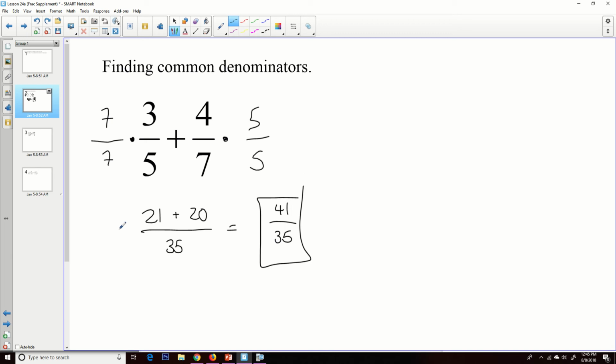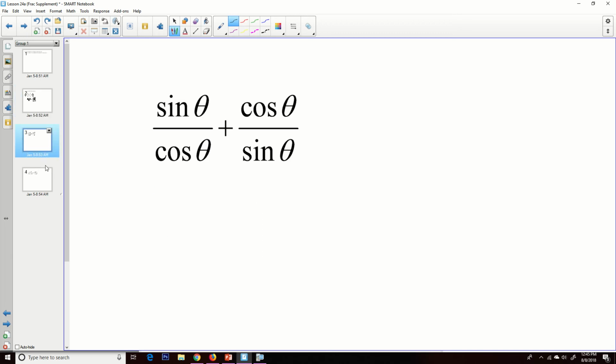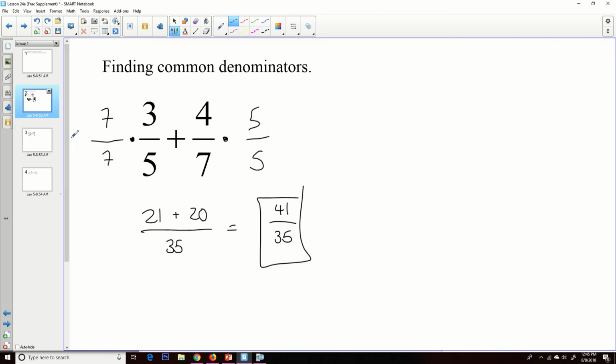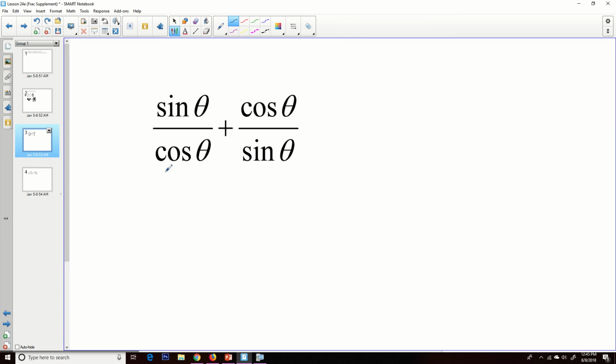Now we're going to do basically the same process, except we're going to have terms of sine and cosine. So just like we looked at the denominators here and multiplied the first fraction by the funky 1, which was the second fraction denominator, and then we multiplied the second fraction by the denominator of the first fraction over itself, we're going to do the same thing with expressions like this.